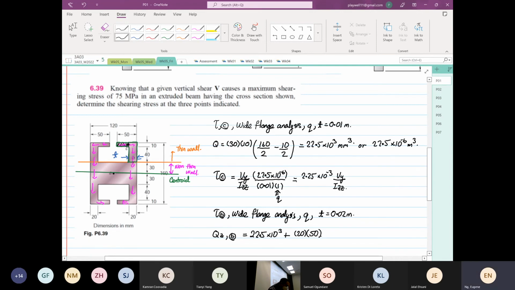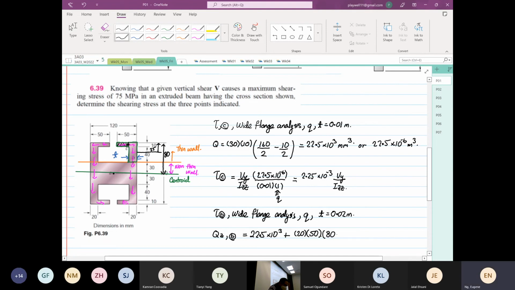And then the y bar, from here to here is 25, because 40 plus 10 is 50, divided by 2 is 25. This is 160, so from here to here is 80.